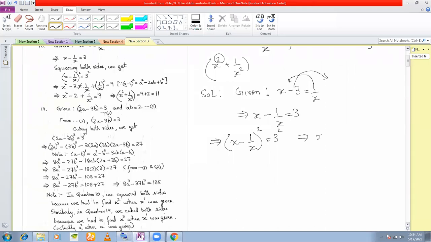So now you can write this as x square minus 2 plus 1 by x square, because you know the formula for a minus 1 by a whole square. And take the x squares together.